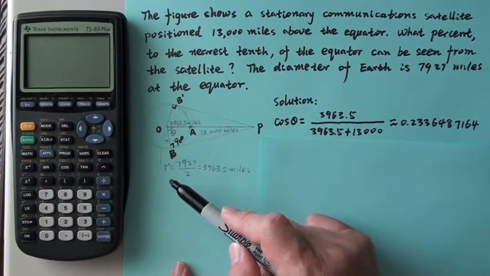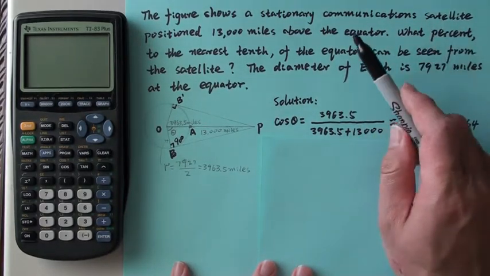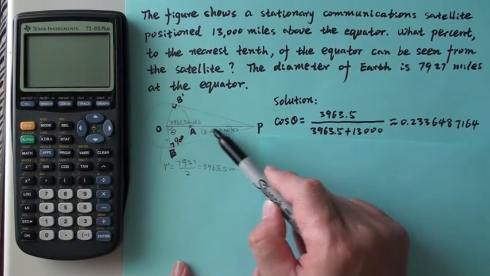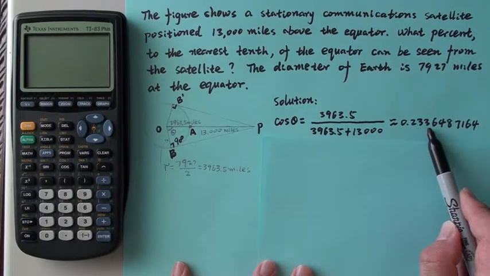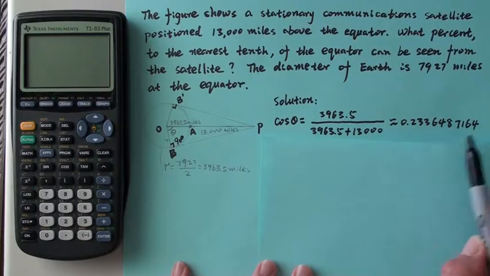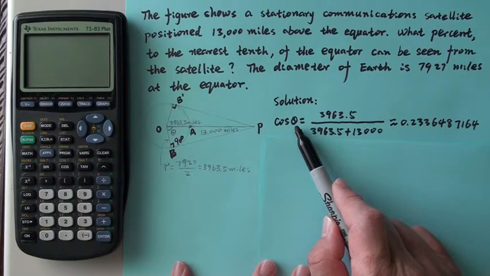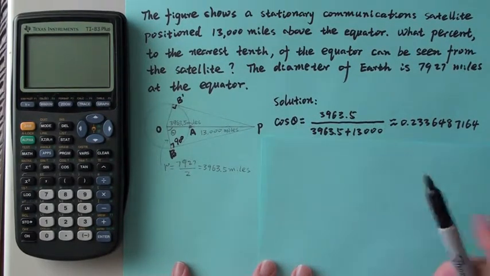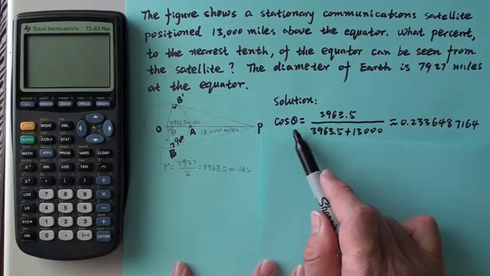OA is the radius, and AP is the distance from the satellite to the equator. So we have cosine theta, which is 0.2336487164. If we know cosine theta, then by the inverse trigonometric function knowledge, we should be able to find theta. That's not a problem.